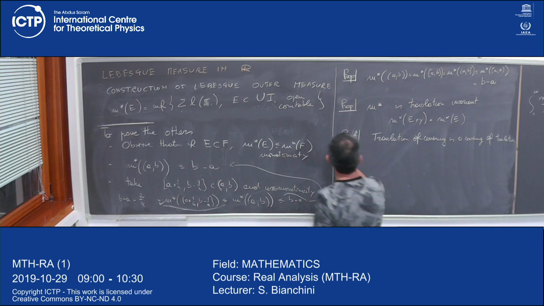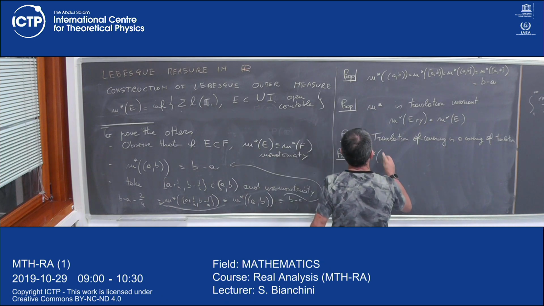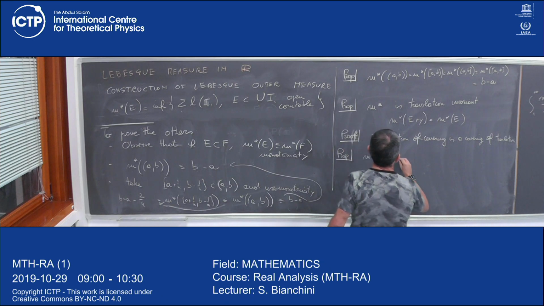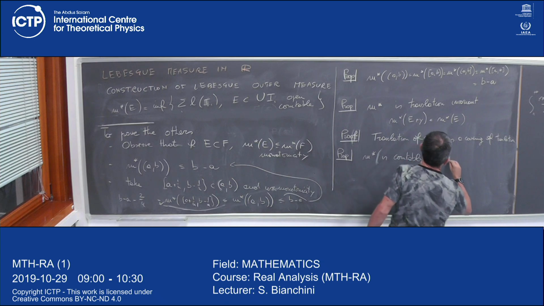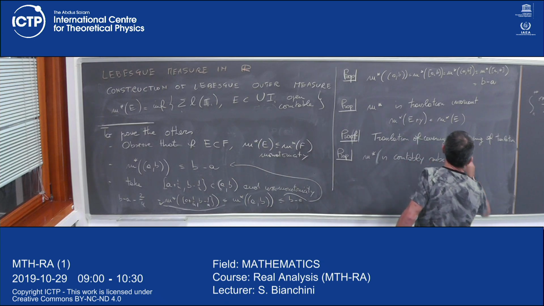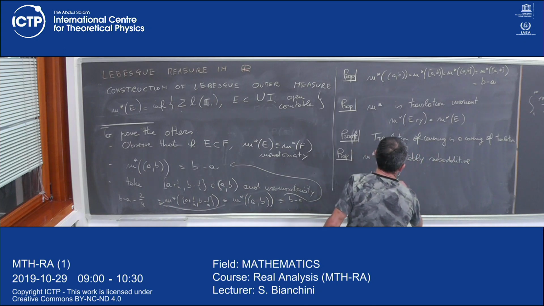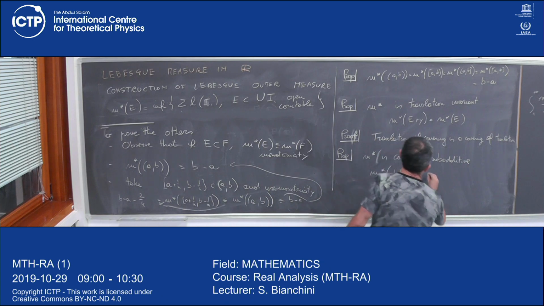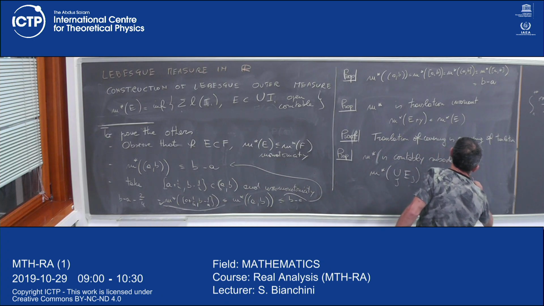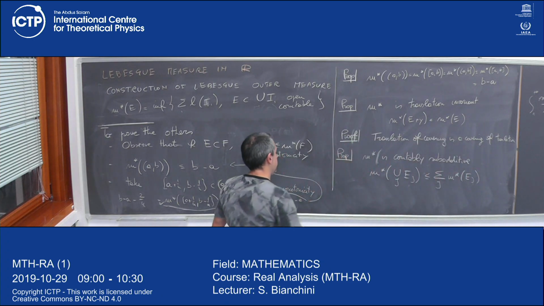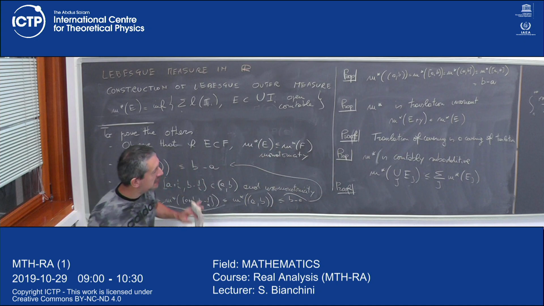And now a property which was stated: m star is countably subadditive. Which means that m star of a countable union of sets is less or equal than the sum of the outer measures of all the sets. Proof. Everything here is just from the definition.